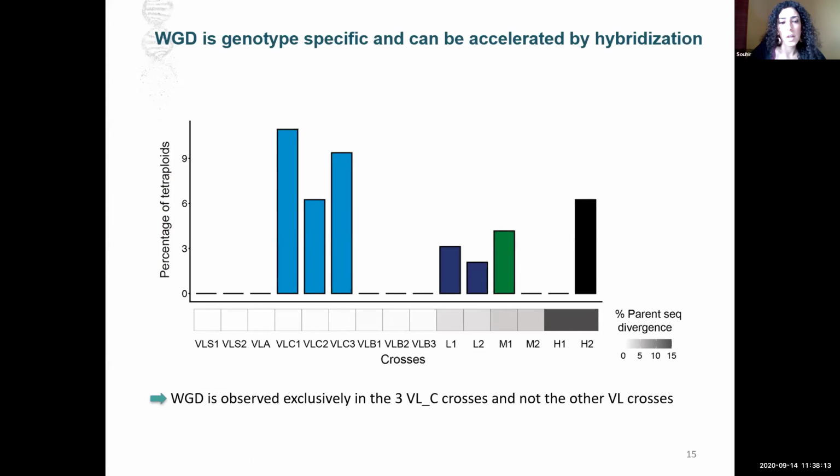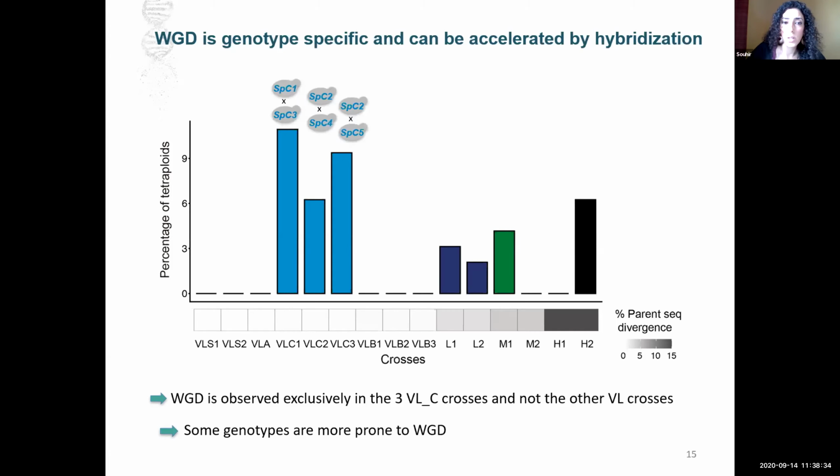Also, we observed that whole genome duplication within intralineage crosses is observed only in the 3 independent VLC crosses, which suggests that some genotypes are more prone to whole genome duplication.